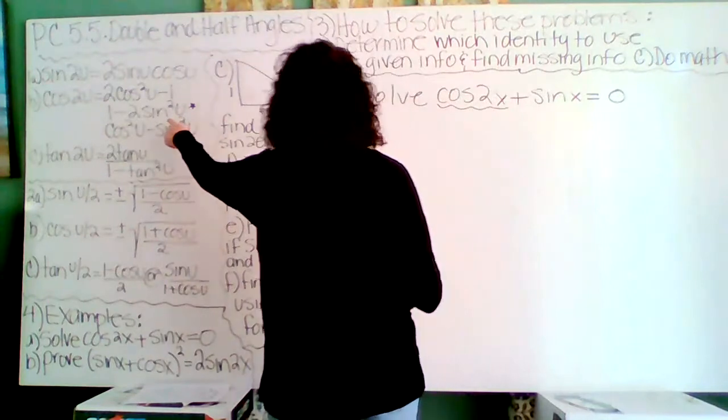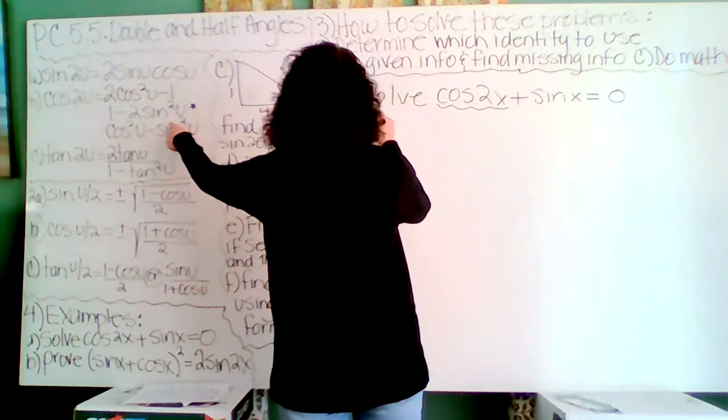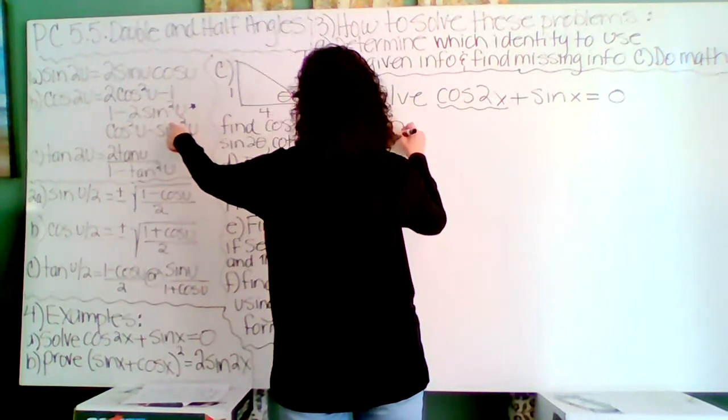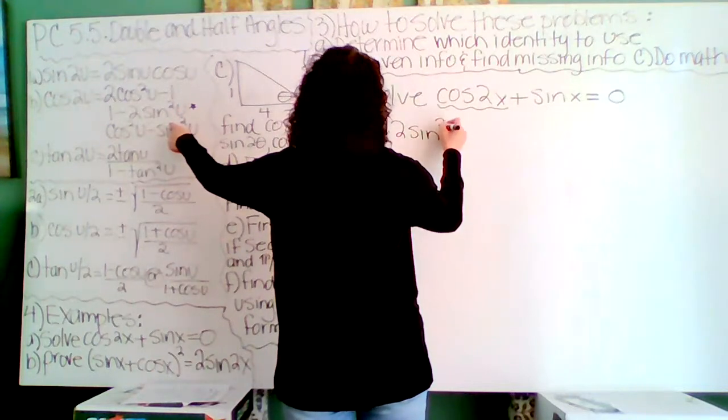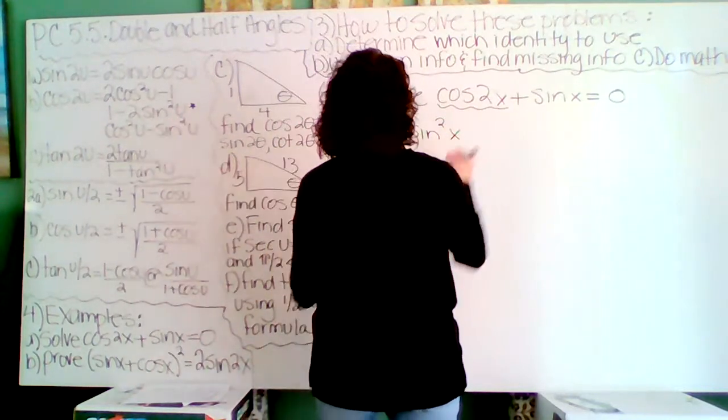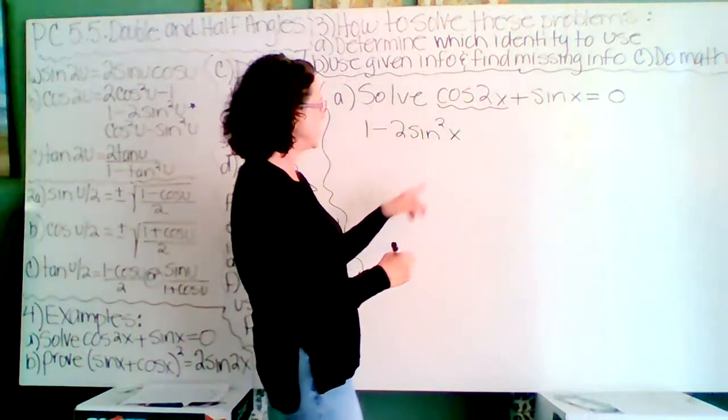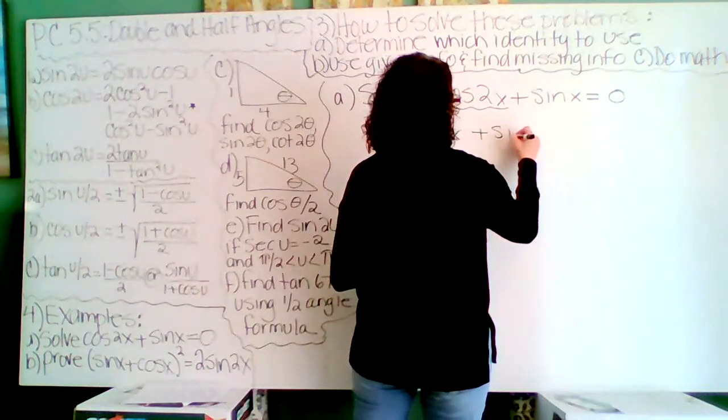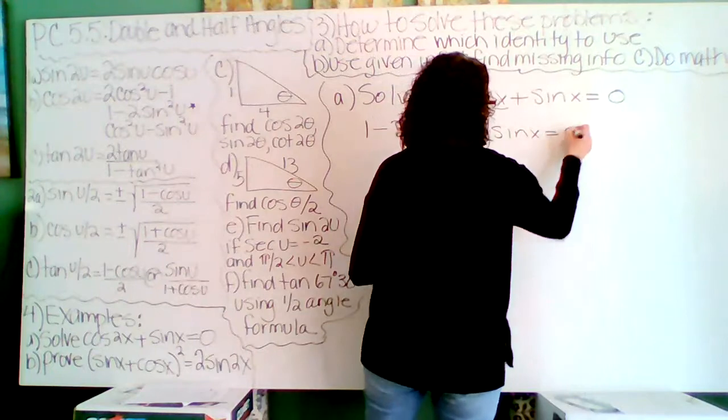So I am going to replace cosine of a double angle with 1 minus 2 sine squared x. So I just replaced cosine of 2x with this expression plus sine of x equals 0.